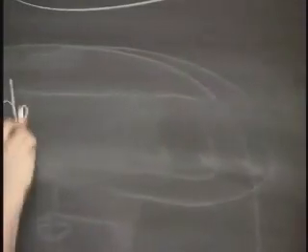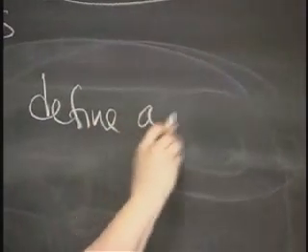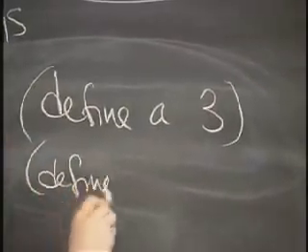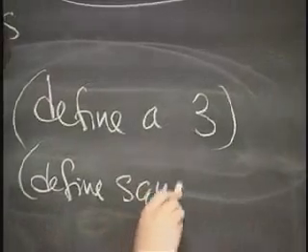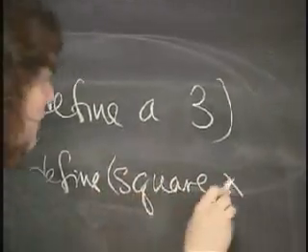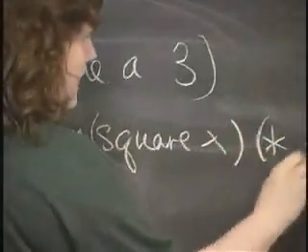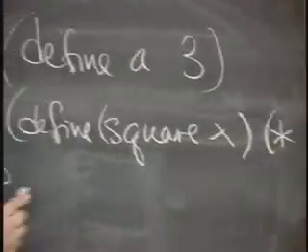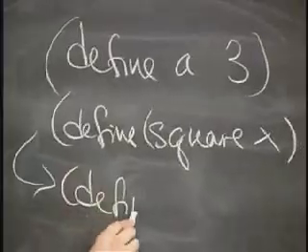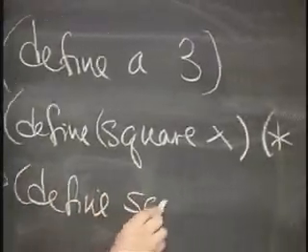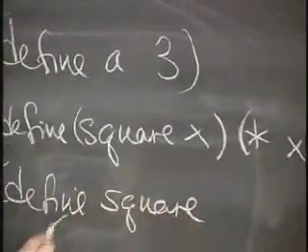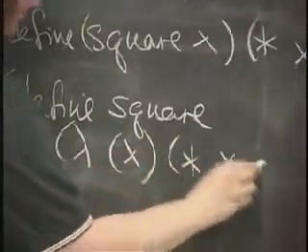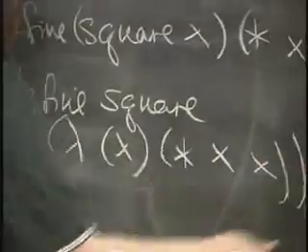One is that we can say define a variable to be some value, but we've also defined procedures, like square of x to be times xx. Well, remember, this is just sugar for define square lambda x times xx.